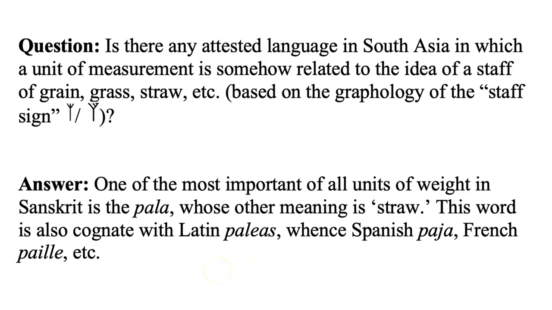So it has this double meaning. On the one hand, it was used as a unit of measure, the pala, and on the other hand, it denoted a straw, a piece of straw. And so here we have a sign that looks, for all the world, like a piece of straw or a blade of grass or a staff of grain, and it's also behaving like a unit of weight.